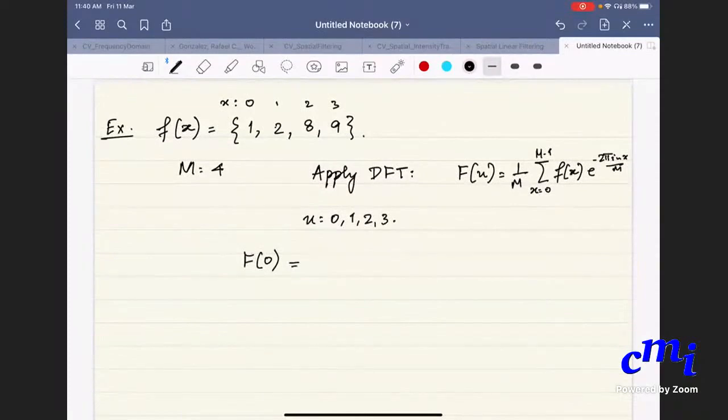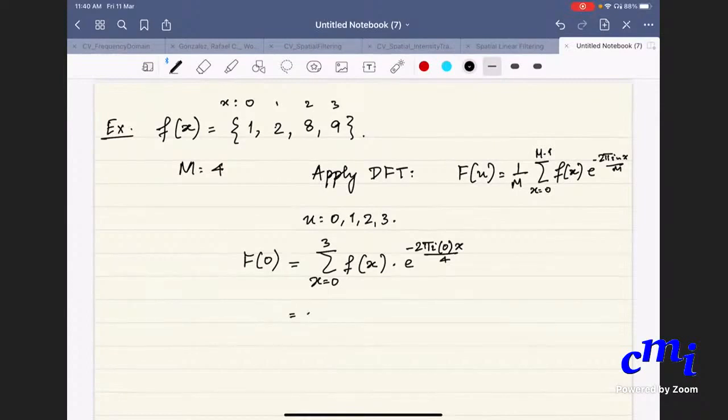For F(0), this is going to be summation x equal to 0 to 3, f(x) times e raised to minus 2 pi i, u is 0, x divided by 4. Now we'll have e raised to minus 2 pi i 0 x 0, so e raised to 0 there.